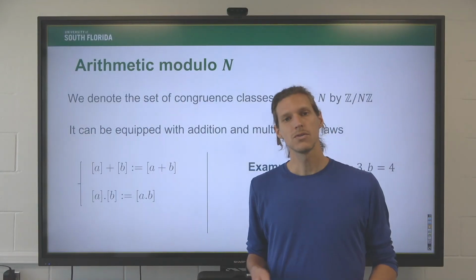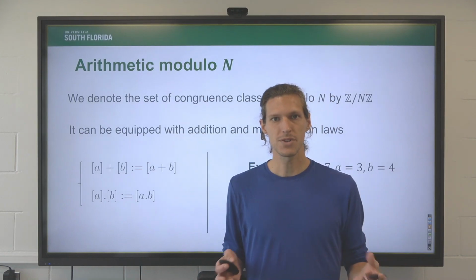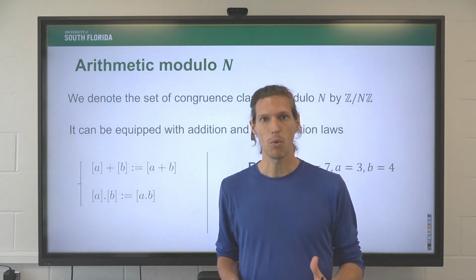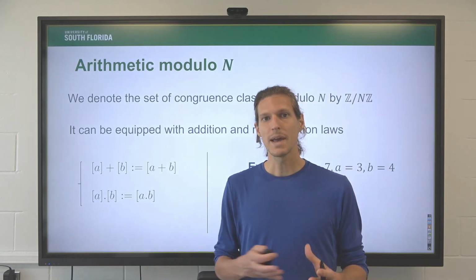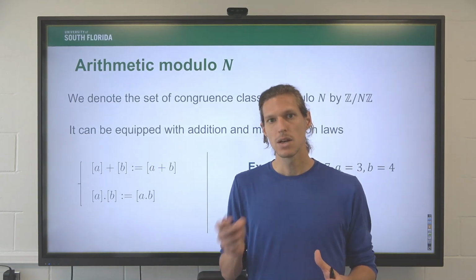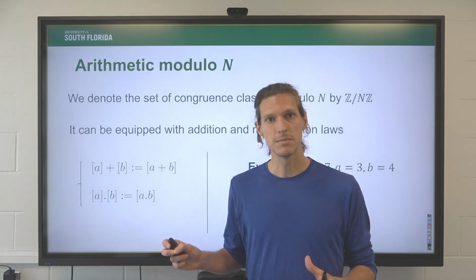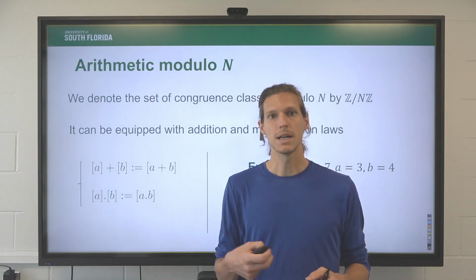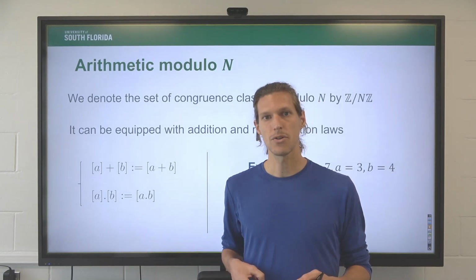Now, we can treat those congruence classes as elements on which we can perform arithmetic operations. A lot of the times, we identify a congruence class with the unique element between 0 and n minus 1 that is inside of that congruence class.